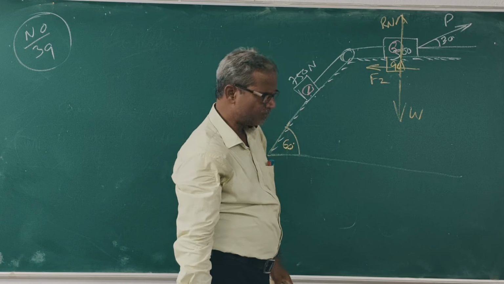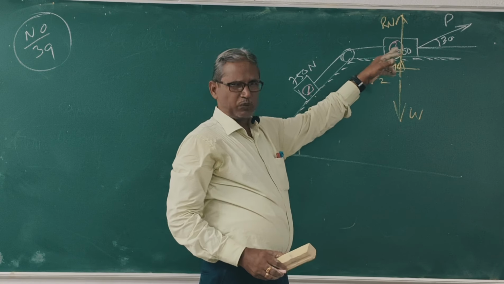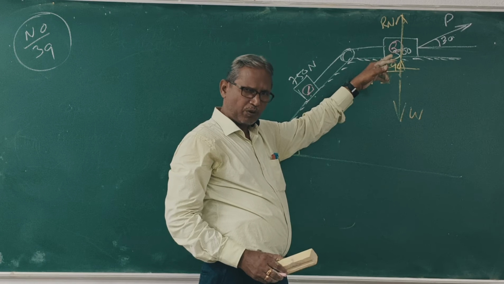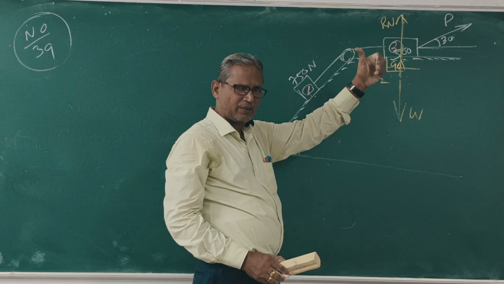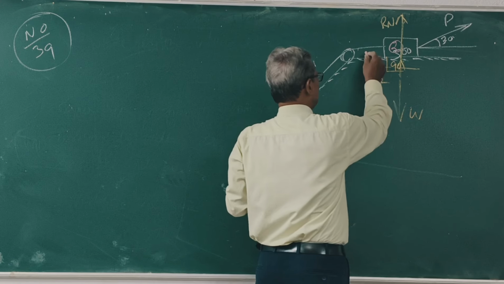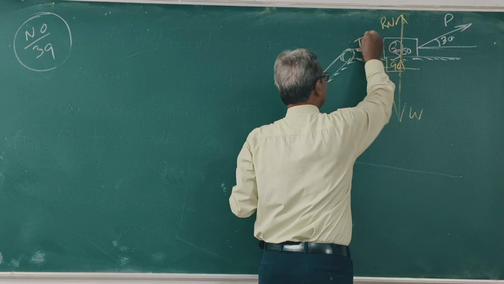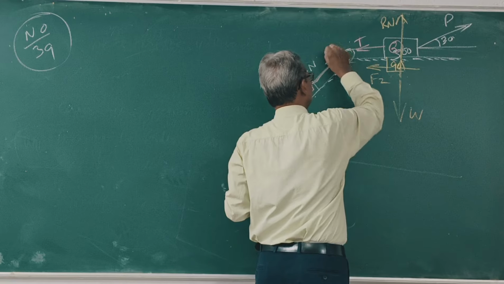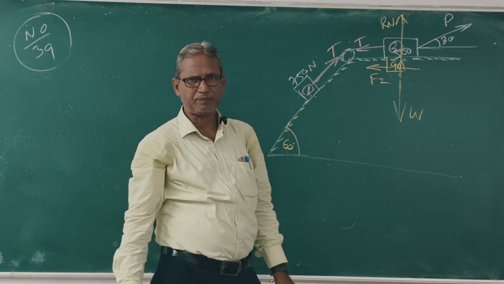This force is applied to the upper block towards right side, so friction will act towards the left side. This is tension T in the string. This is also tension T. Clear?